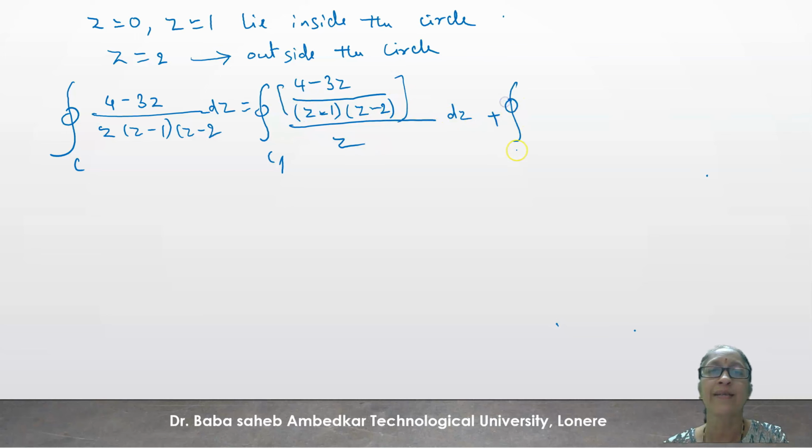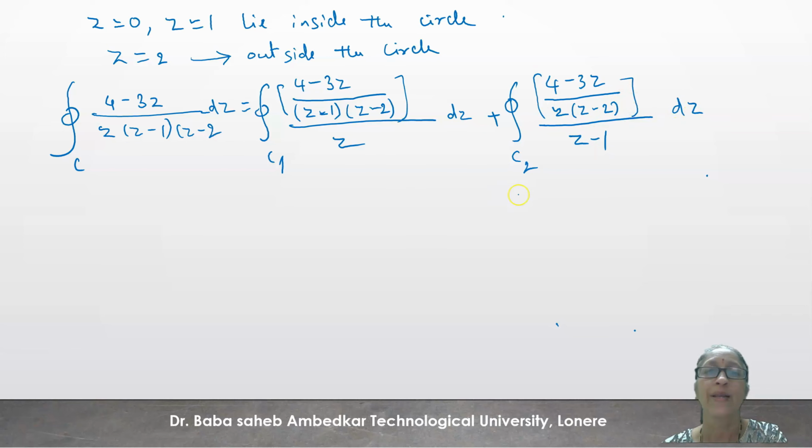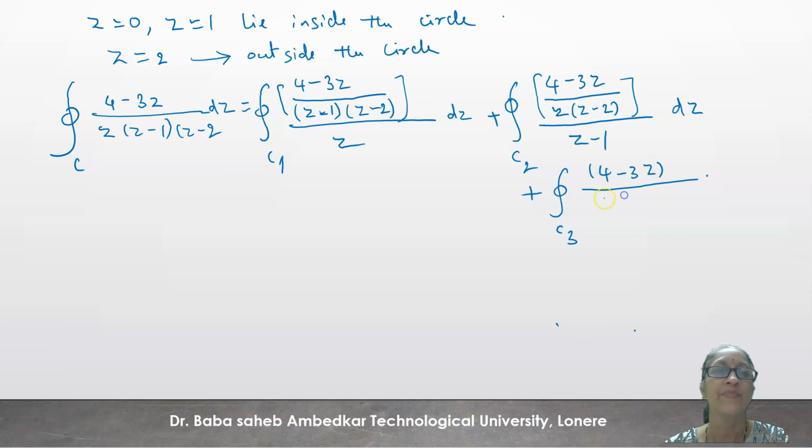When we consider the second pole z equal to 1, then z into (z minus 2) comes in the numerator and z minus 1 comes in the denominator. Plus the third one is along C3, (4 minus 3z) by z into (z minus 1). The third pole is z equal to 2, so z minus 2 we should write in the denominator.